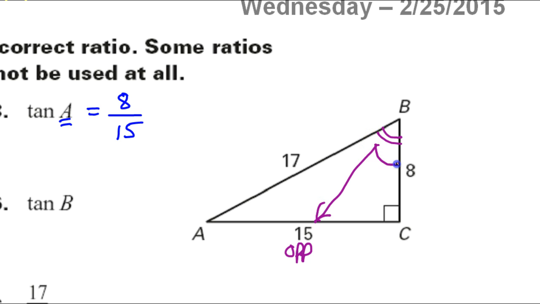And this is the adjacent leg, the one that's closer. And of course, no matter what angle you're looking at, this one is the hypotenuse. So that's from the perspective of angle B. So with that in mind, the sine of angle B is going to be opposite over hypotenuse, 15 over 17.